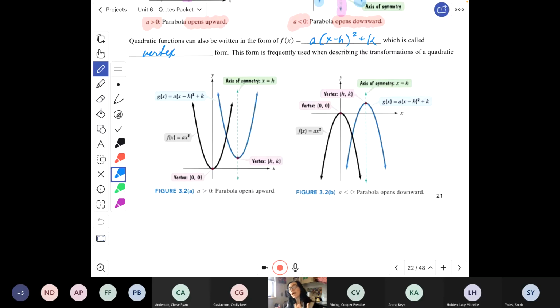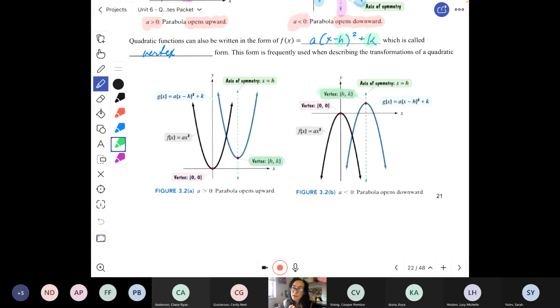Now, a lot of people like to see it represented in this form because it's easy to identify the vertex. The vertex is just the h and the k value. So if I have the equation represented in vertex form, I can just identify the h value, identify the k value, and I have my vertex.